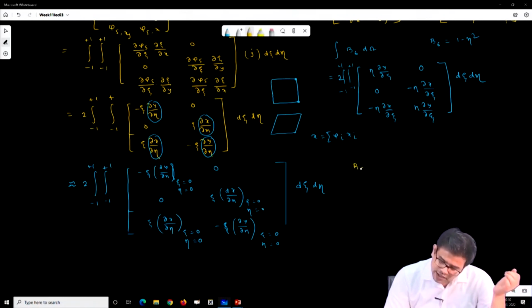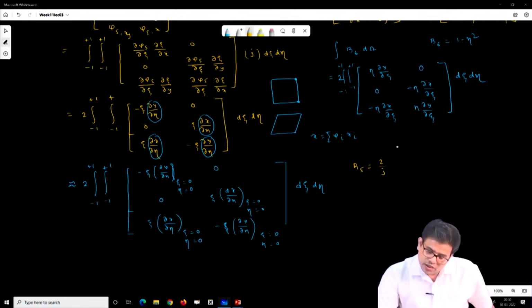So B5 is essentially 2 by j, not the integral one. So that is minus xi times y comma eta, calculated at the 0, 0 point.